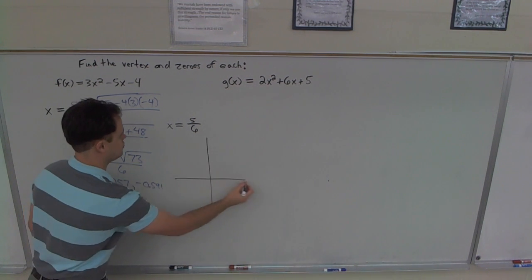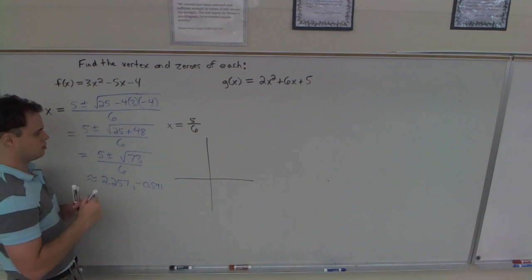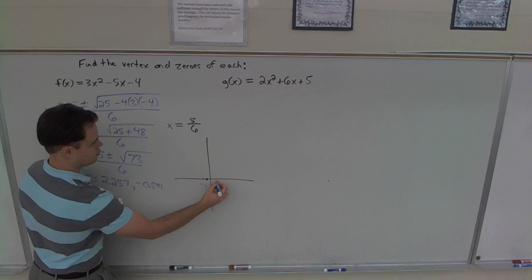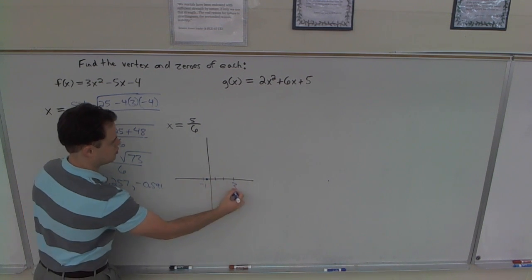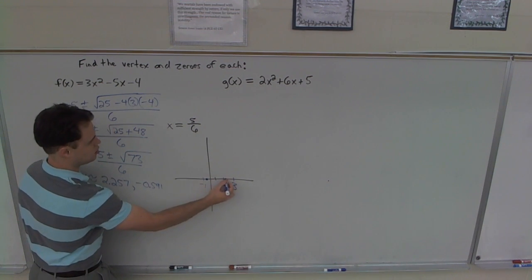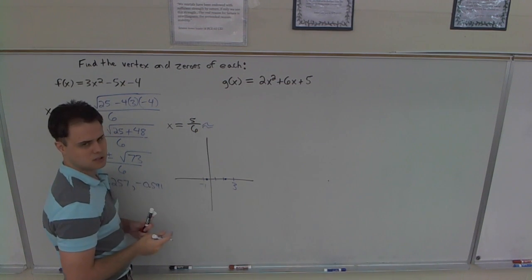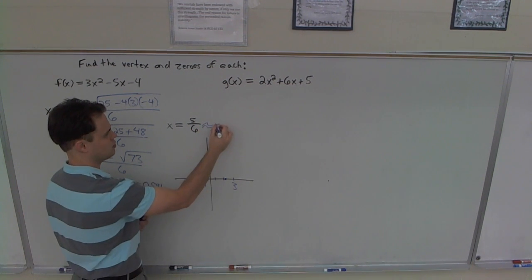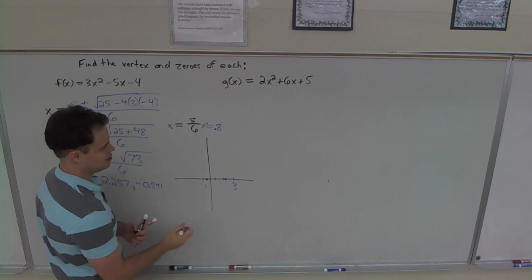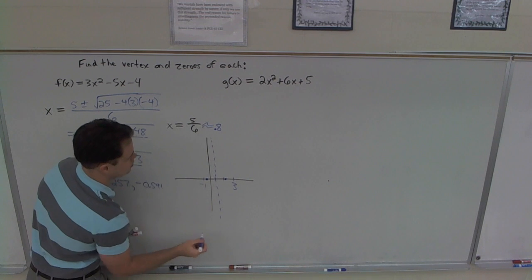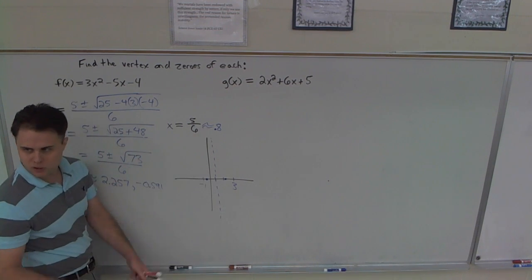So if I want to graph this guy without my calculator, then I go, well, 1 zero's like here, 2, 3, the other zero's like here, the vertex is at like, what's 5/6 as a decimal? 0.8 something? I think it's 0.8 something, so that's going to be like here-ish, which makes sense because it's right in the middle, right?